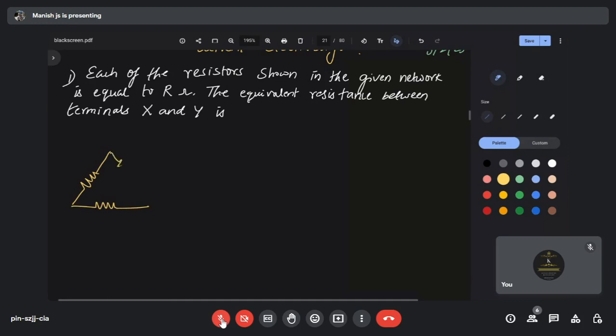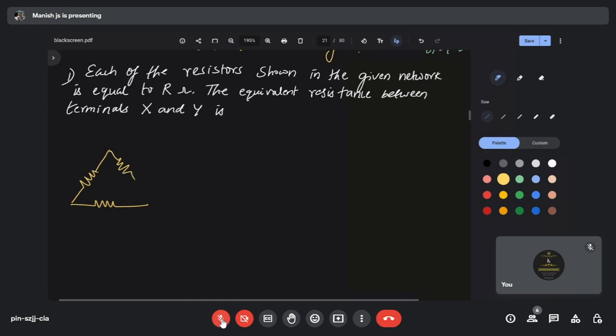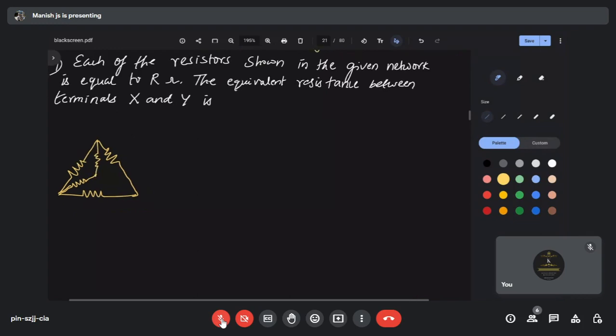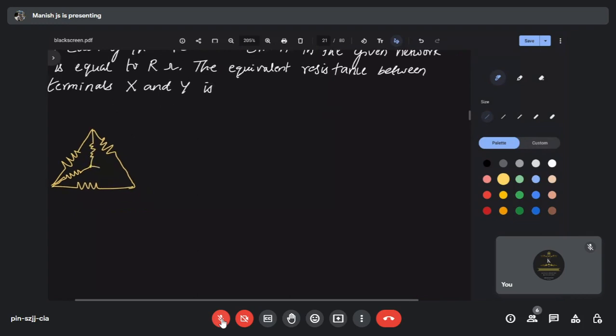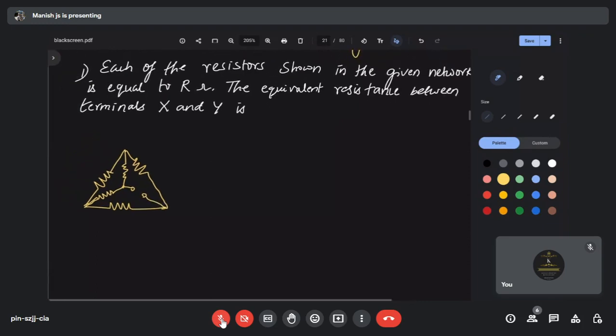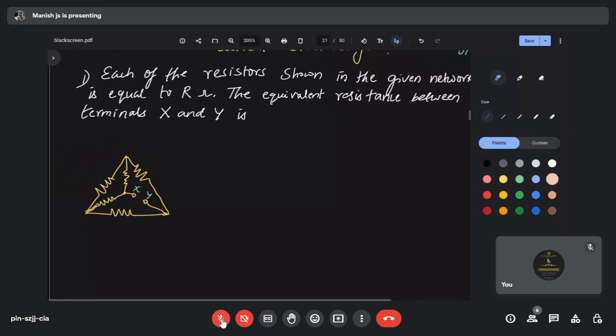So this is our network. This is X and this is Y. Let's name the figure also.